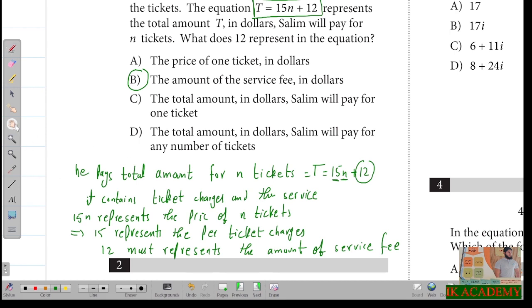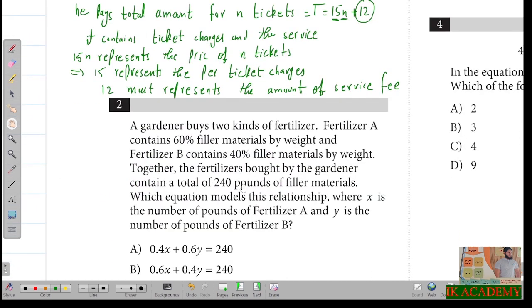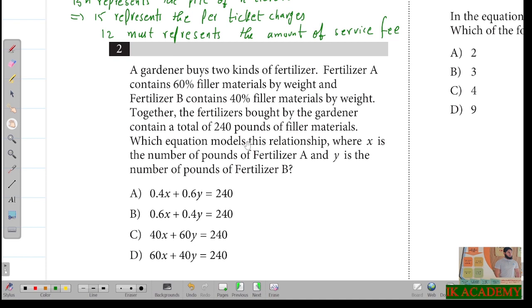The next question is question number 2. A gardener buys two kinds of fertilizer. Fertilizer A contains 60% filler material by weight, and fertilizer B contains 40% filler material by weight.